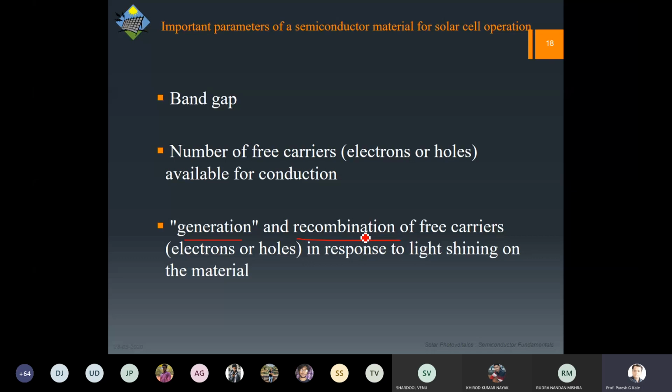So whenever we talk about engineering, this is what we have to take care of: you should have higher generation and very less recombination, so that more and more free carriers will be available. And obviously these free carriers will be dependent on band gap, and band gap is a property of the material.